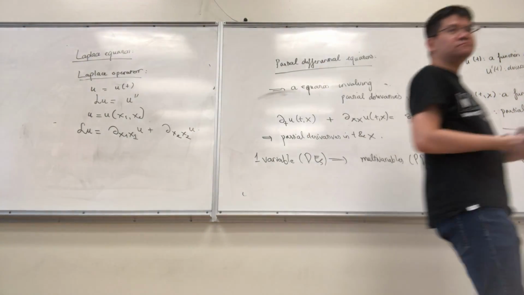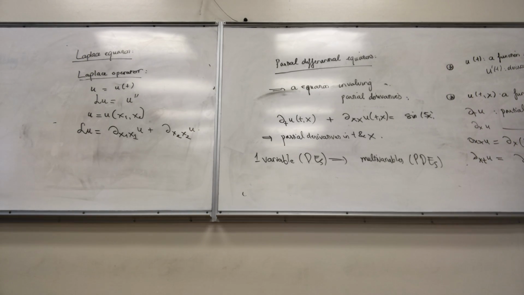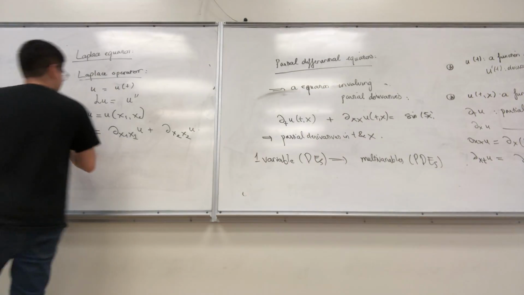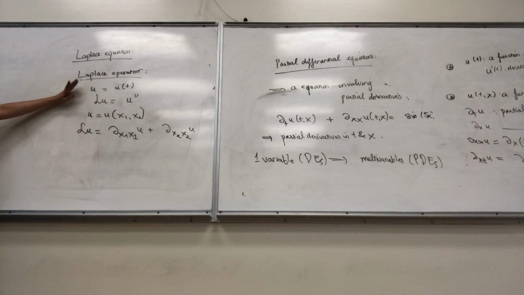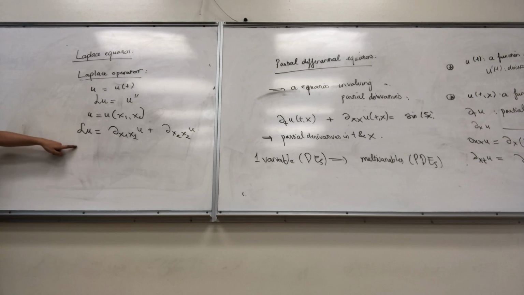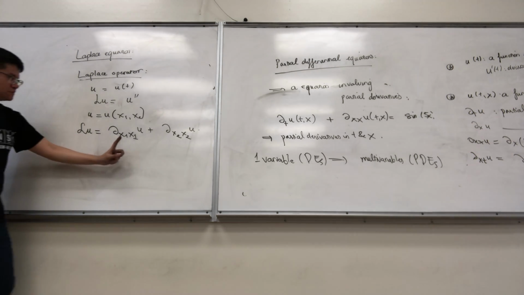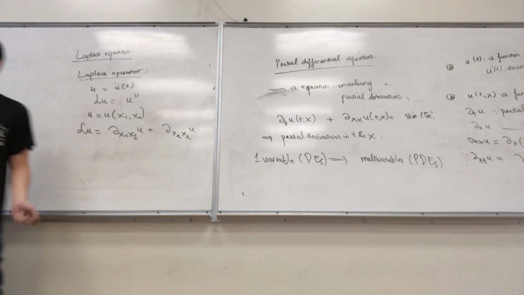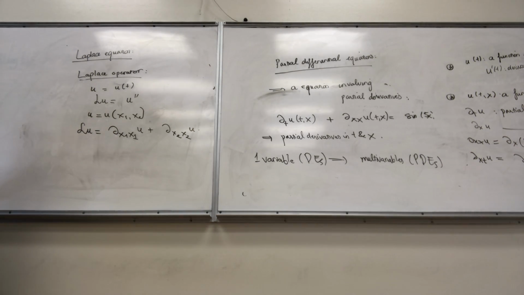All right? So the Laplace operator for the one variable case is the second derivative. But if it's multi-variable, you have to take the second derivative with respect to all of the variables and take the sum, right?